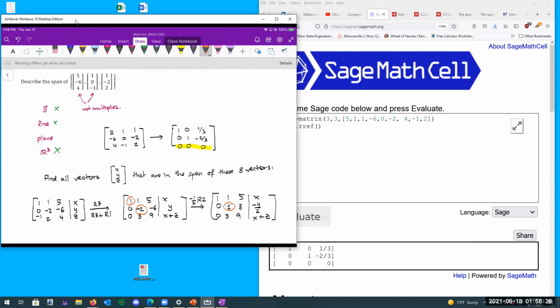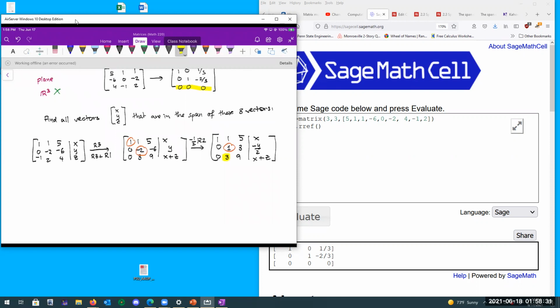We want to get rid of the 3 underneath it, so we're going to subtract 3 copies of row 2 from row 3. We're hoping to find when this system is consistent.